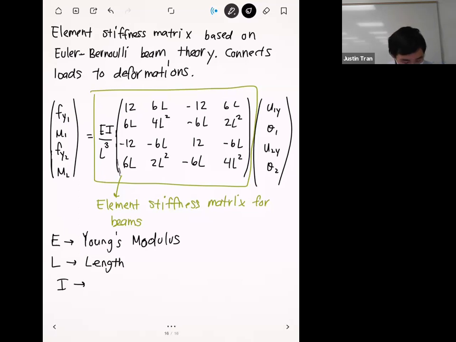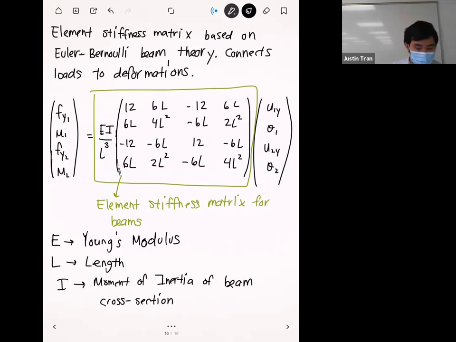I is the moment of inertia of the beam cross section. So there's our element stiffness matrix for the beam, and now that we have this, we can start using it in problems.